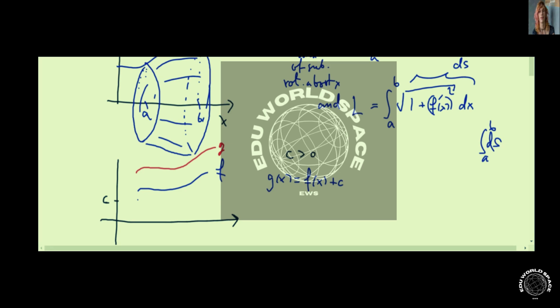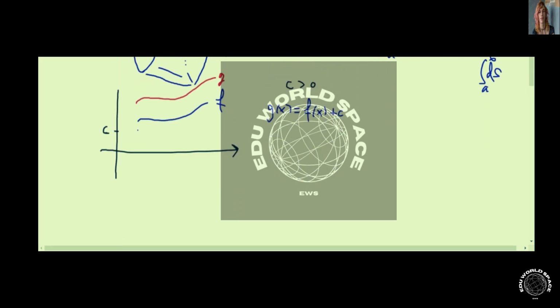So the obtained surface by rotating g, well, it would also be from a up to b, like this wider shape that has sort of the same form as the surface S of f, but with a wider radius.